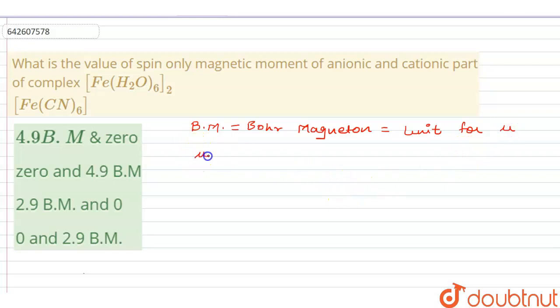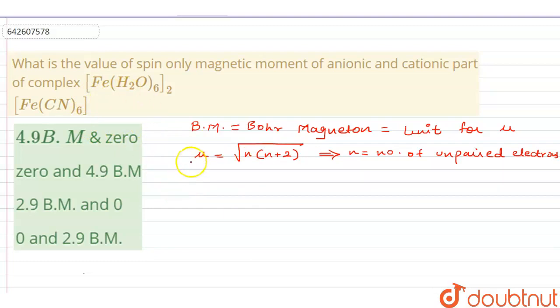How do you calculate mu? The spin-only magnetic moment is square root of n into n plus 2, where n is the number of unpaired electrons in the given species, or in this particular complex.